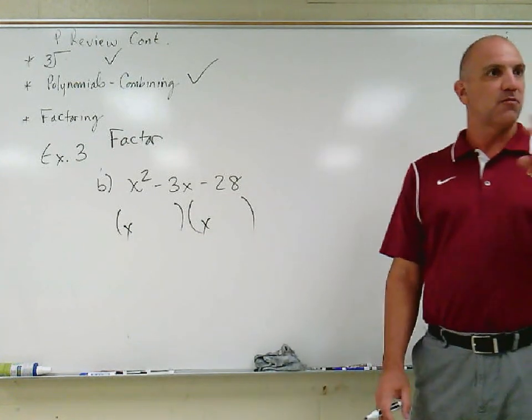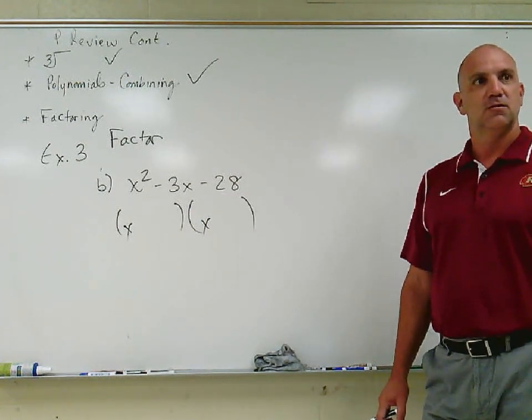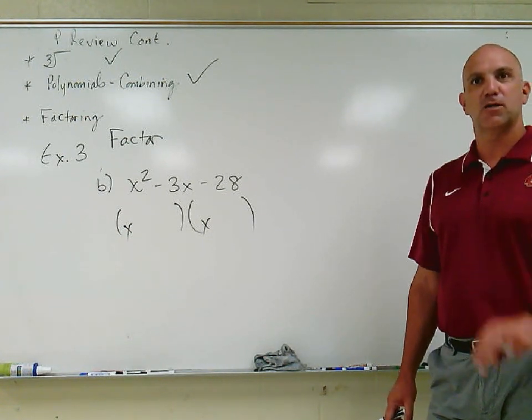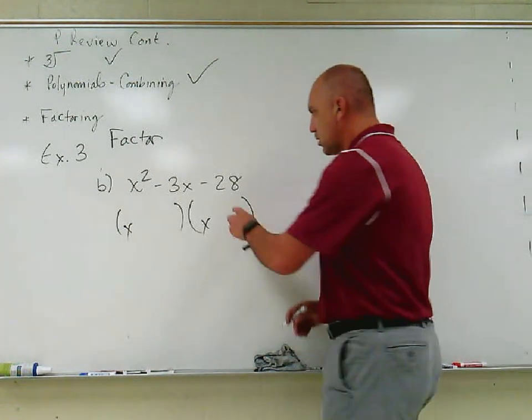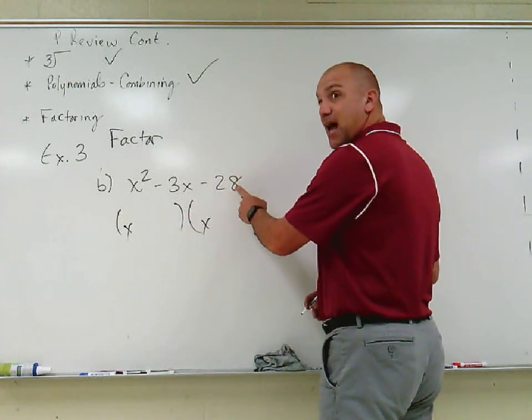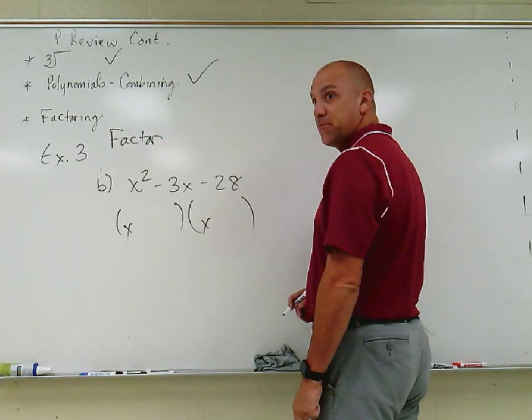Now you ask yourself these 2 questions. Who knows the 2 questions you should ask yourself when you factor? Here's what it is. You're looking for 2 numbers that multiply to give the last and add to give the middle. If you can do that, then you have it factored.